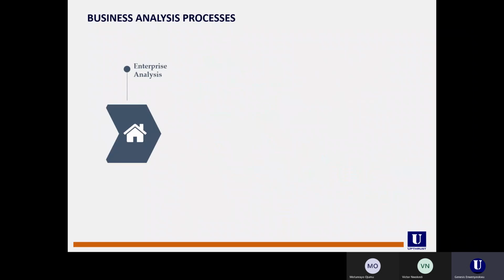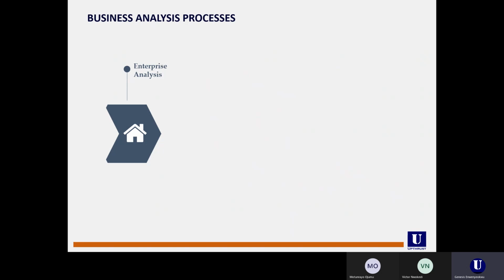As I said earlier, you can start your projects with strategic analysis, and then go ahead into tactical analysis or operational analysis. So you could start with operational and go ahead with tactical and what have you. So we have enterprise analysis, where you get to analyze the enterprise, the organization. What are the capabilities? What are the limitations? What are the opportunities within the enterprise?